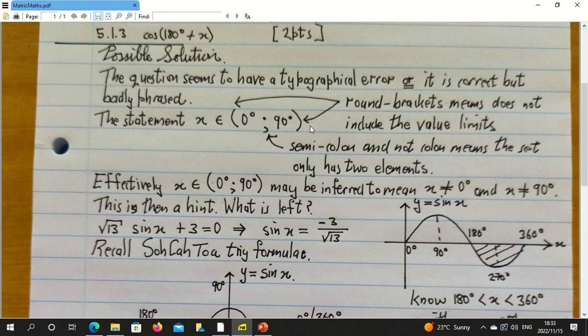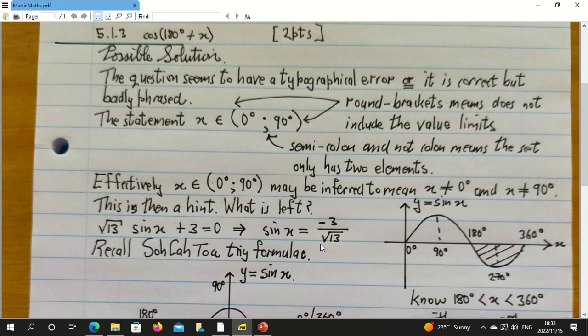And as far as can be ascertained, this weird expression means x is not 0 degrees and it's not 90 degrees. Okay, if you use that second piece of information in this weird inconsistent notation, what you're left with is root 13 sine x plus 3 equals 0. Rearrange, sine is minus 3 over root 13.